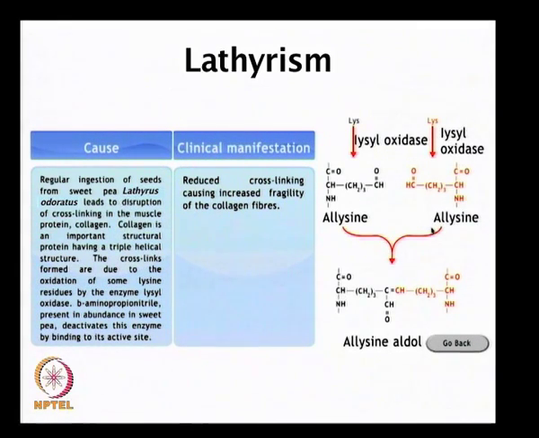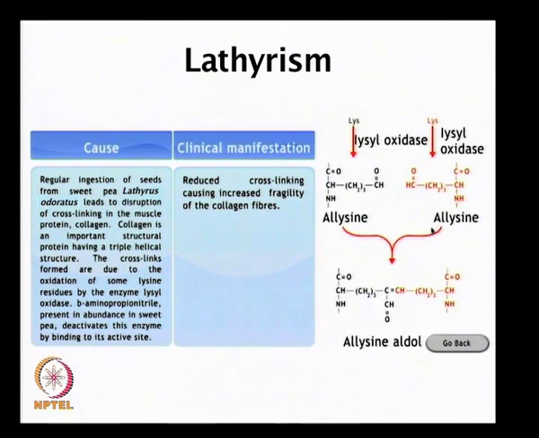The cause of lathyrism is irregular ingestion of seeds from sweet pea, Lathyrus odoratus, which leads to disruption of cross linking in the muscle protein collagen. Collagen is an important structural protein having a triple helical structure. The cross links formed are due to the oxidation of some lysine residues by the enzyme lysyl oxidase.